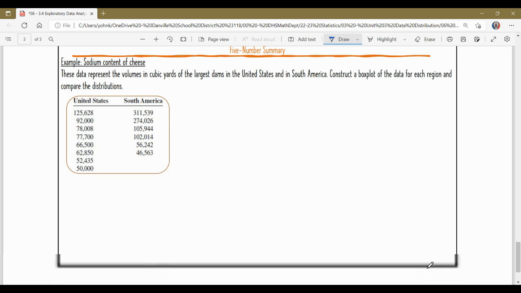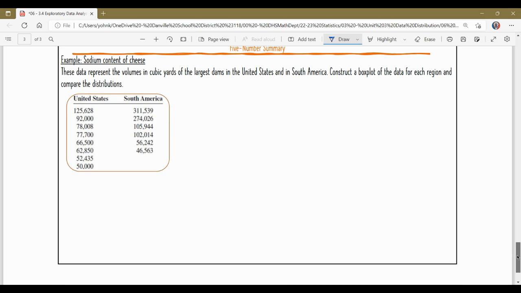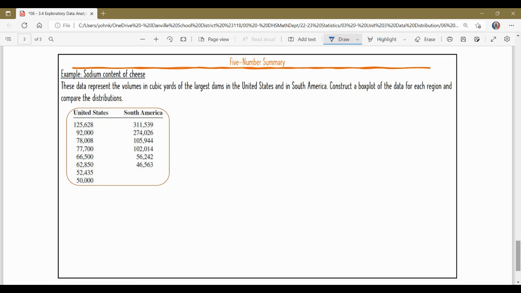Okay, one more example on how to draw a box plot. These data represent the volumes in cubic yards of the largest dams in the United States and in South America. Construct a box plot of the data for each region and compare the distributions. Okay, so we have United States and South America, and we're comparing the volumes of the largest dams.